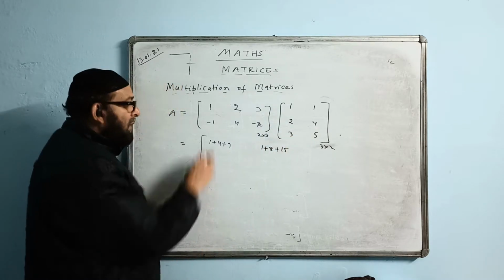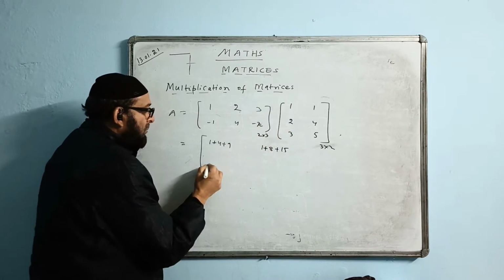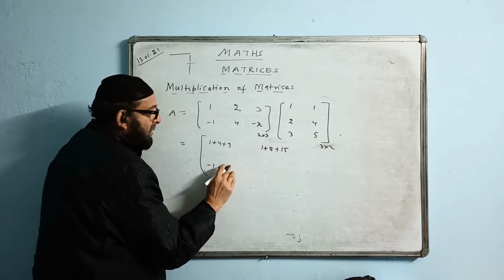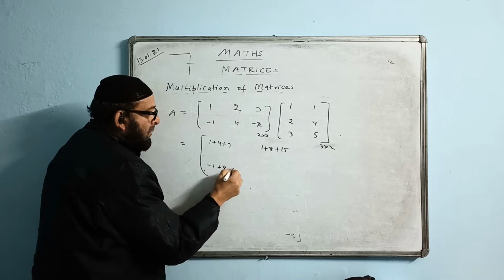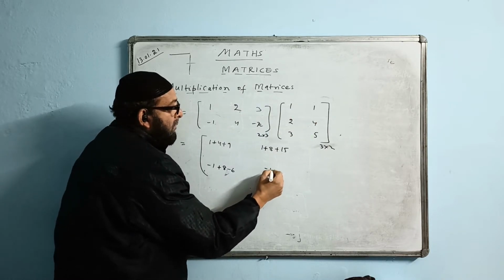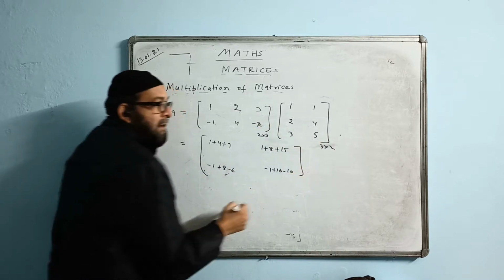Finished. Now I will do it here. Row by column. This into this minus 1, 4 2s are 8. This into this comes minus 6. Then again row by the entire column. Multiply, you get minus 1 plus 16. This into this comes minus 10. And now find the answer.